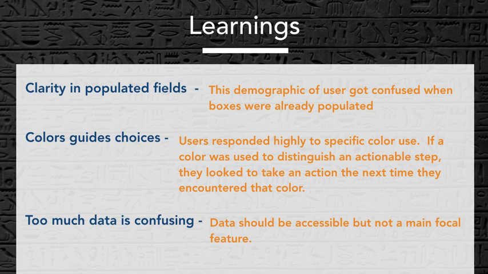And overall, just to wrap it up, some of the learnings that we made as we were working on this application and testing some users were that clarity in populated fields was really important. So as we were making usability test plans, we noticed that initially we populated a field to indicate what it might look like if a user had typed it in, because they're not able to type in during that specific user testing interaction.